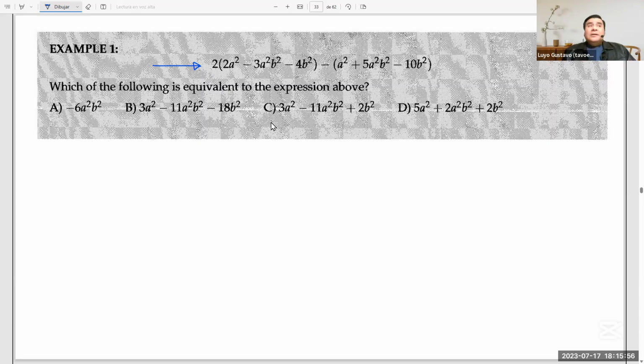So here, the point is, first you need to open the parentheses, and then you need to reduce or combine the like terms. Okay? Like terms can be added or subtracted if you just operate their corresponding coefficients. Don't operate the coefficients of two terms that are not like, that are not similar. Okay? So what would be the answer? You can try.